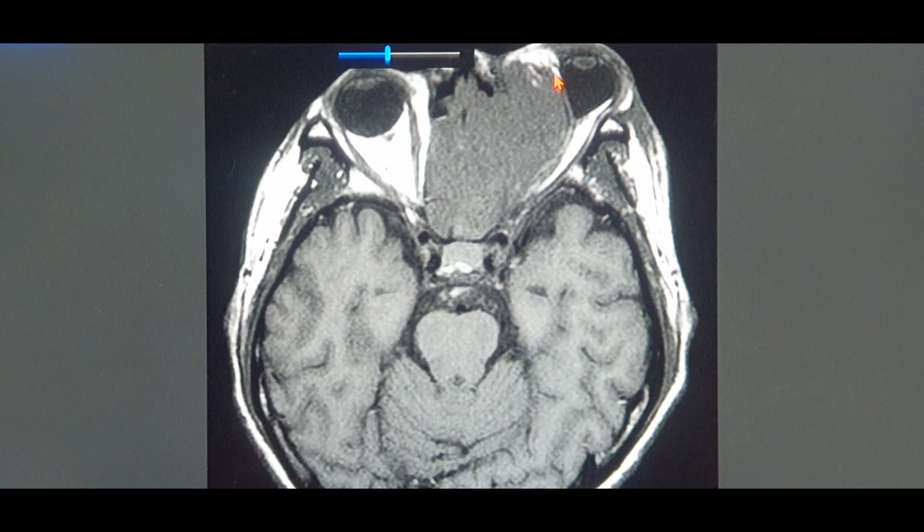It is compressing the entire globe towards the left side, and you can see the optic nerve being compressed in this particular region. That's the lateral rectus muscle over here, and you can see the optic nerve being completely compressed on this side. So I think this has a huge invasion into the left orbit.